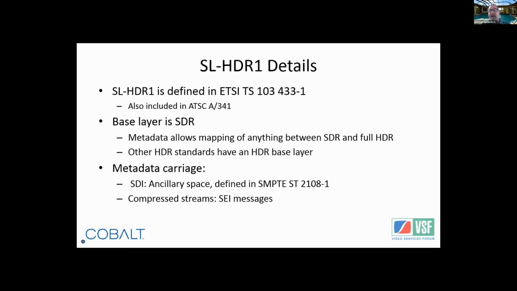And the color space itself would have to be ITU-R BT.709, where for Ultra HD, the color space is BT.2020, which again is also in BT.2100. All right. So if you want the technical details, the metadata carriage is defined in SMPTE 2108 for the SDI, and in the compressed streams, they are sent as SEI messages.